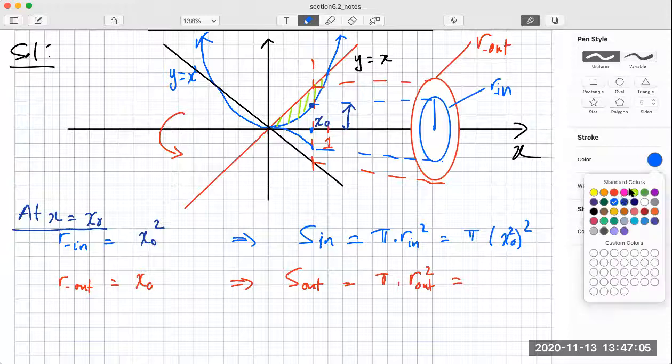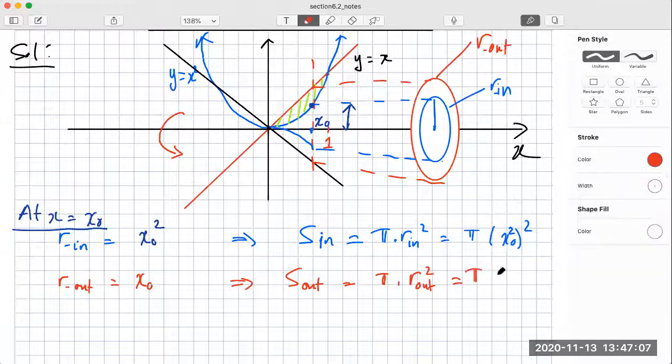And below here is pi and x0 square. Do you all see it? Very good. This is what we see from the picture. And we know the intersection of these two lines is at 0 and 1, right?